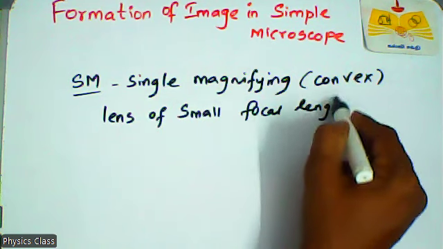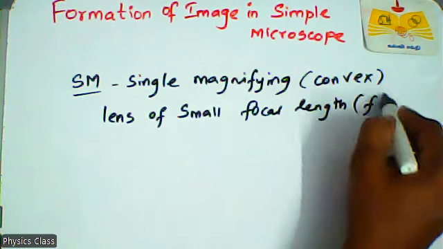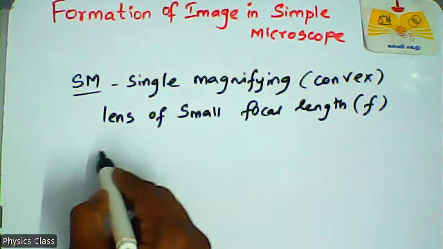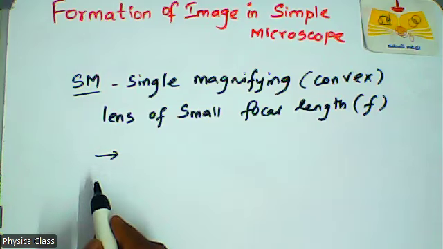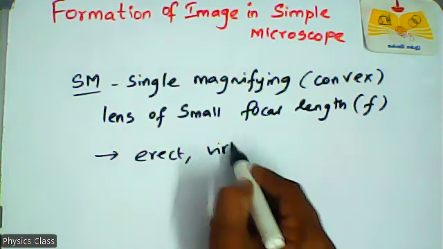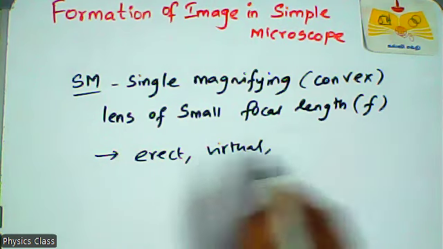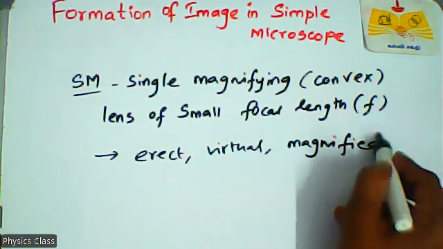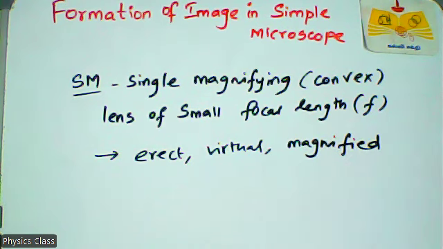Already we know that f is the symbol for focal length. A small focal length lens must produce an erect, virtual and magnified image. This is the basic principle behind the simple microscope.